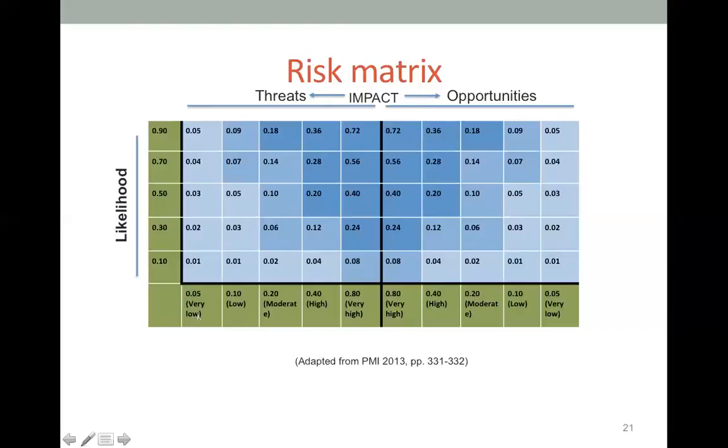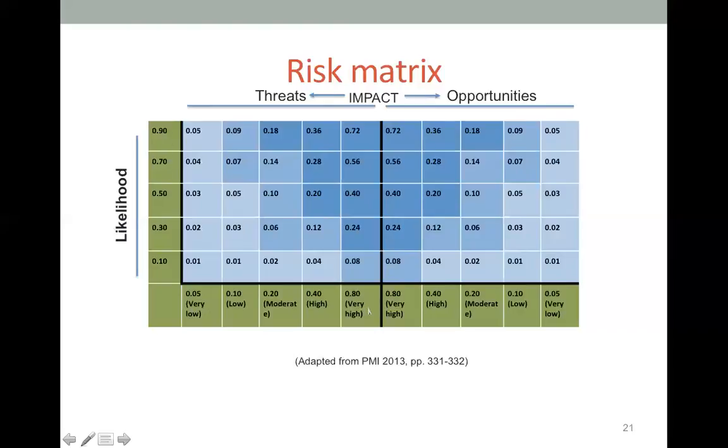Impact and likelihood in here would be measured in the most sensitive way, from 5%, 10%, 20%, 40, and 80%, which is considered as very high. So if you say that the likelihood of something to happen is more than 70%, that is quite high. It is more into this area.